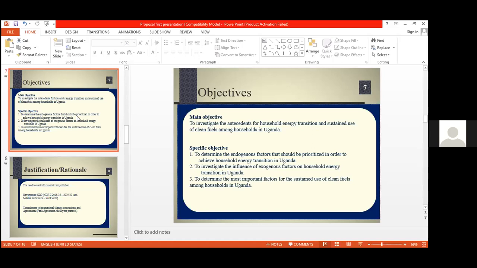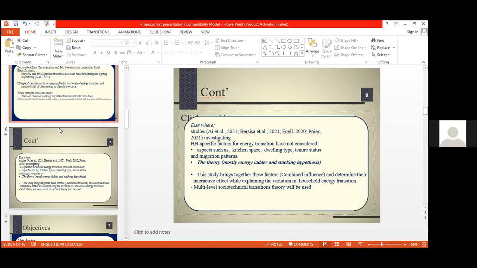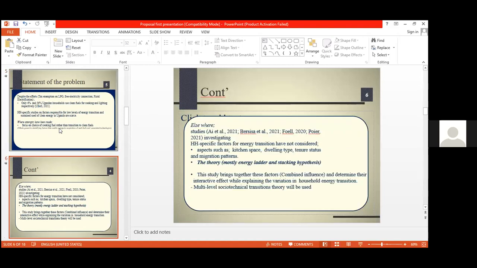Now, thirdly, I note that his background and the statement of the problem raise what we call a contextual gap, where he's arguing that studies on transition to clean fuel have majorly been concentrated in other kinds of settings or countries, but the same are lacking in Uganda. I think that contextual gap is a little bit weak, most especially judged against the feeling that knowledge is universal.